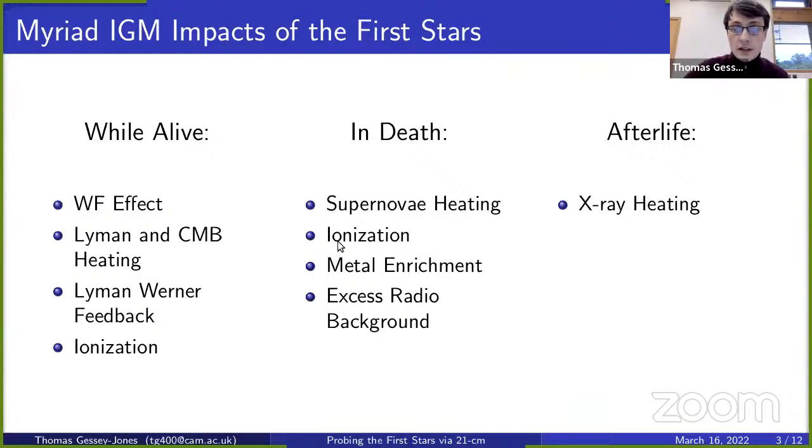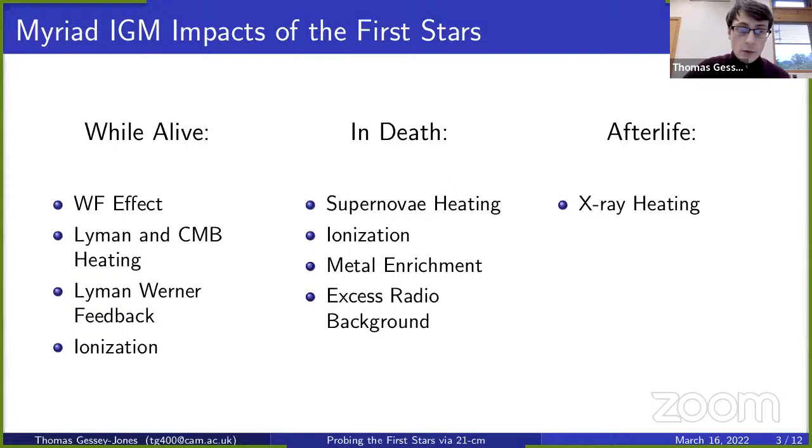Furthermore, these stars, when they die, can ionize and heat the gas via their supernovae, enrich the IGM, provide additional heating through their XRBs, and also, as Anastasia mentioned in her talk earlier, potentially provide an excess radio background. So these first generation of stars have a wide range of impacts on the IGM and thus the 21 centimeter signal, some of which are anticipated to be quite significant.